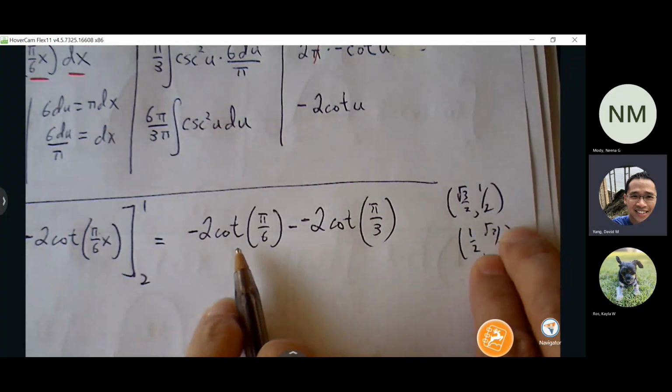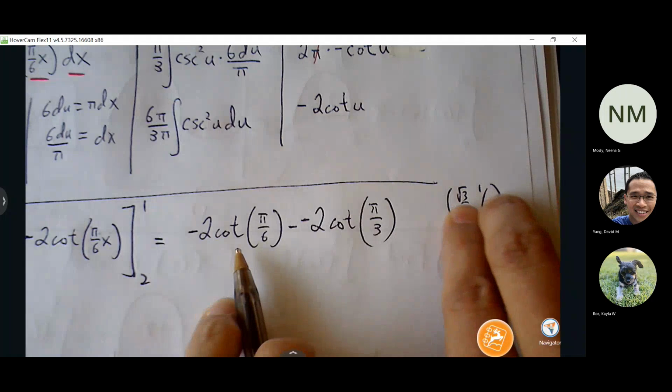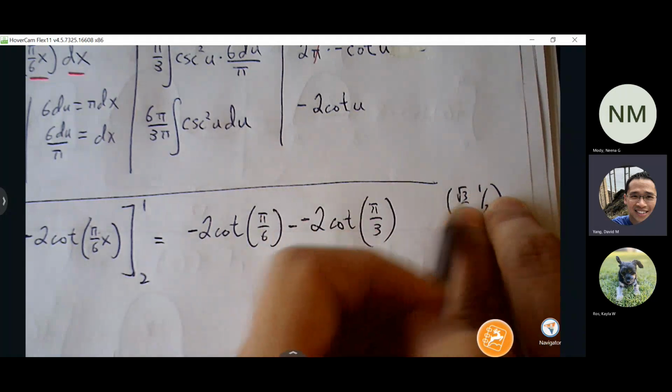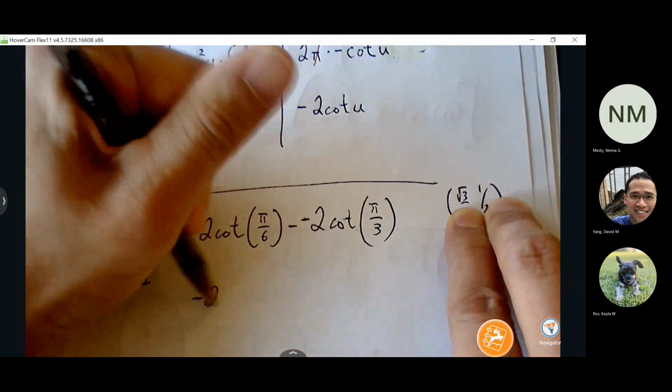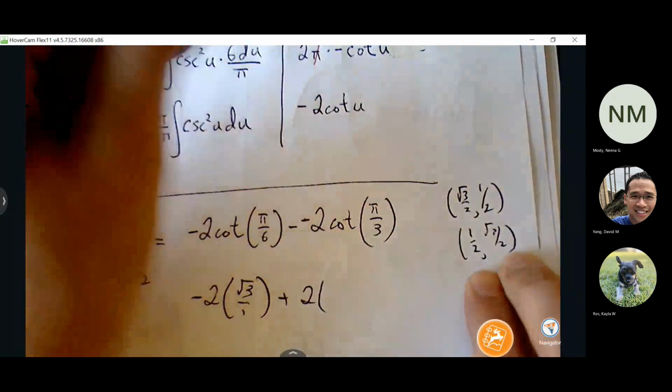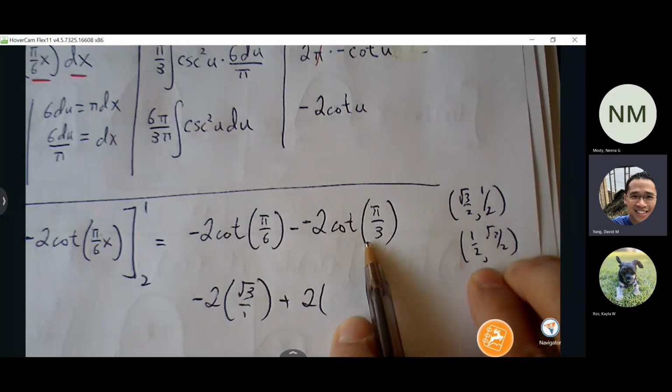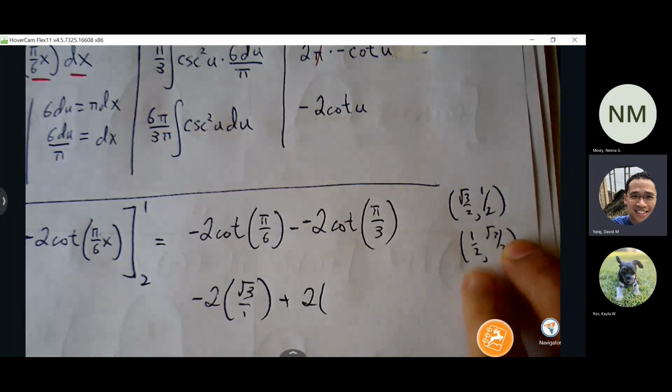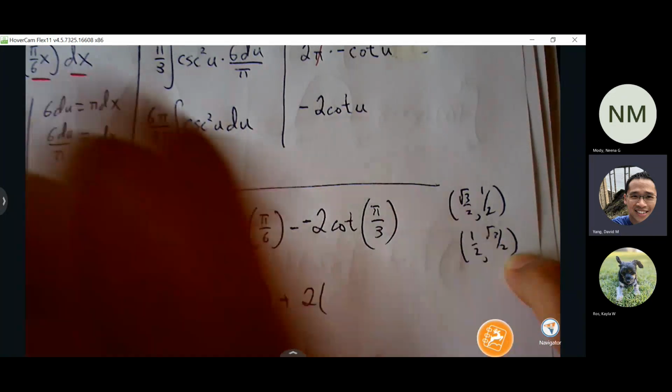Cotangent is x over y. So x over y is just √3 over 1. Cotangent of pi over 3, cotangent is just x over y. So my x is 1, my y is √3. My 2's cancel out.